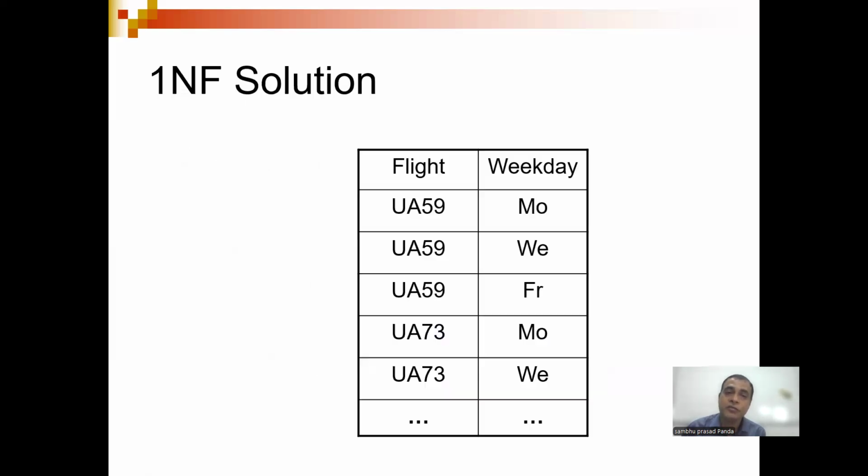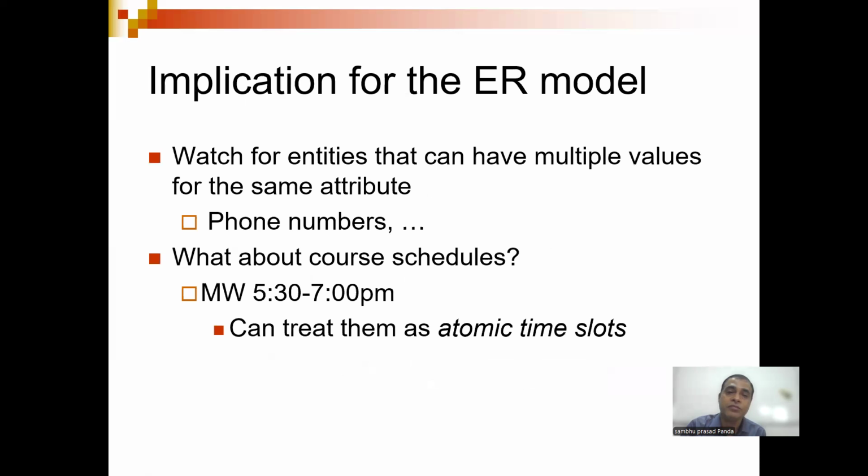So this is the first NF solution. Those are repeated; we have written them multiple times. Now it becomes first normal form. We can implement it in an ER model, like a watch entity that can have multiple values for the same attribute. Okay, then this is the idea.